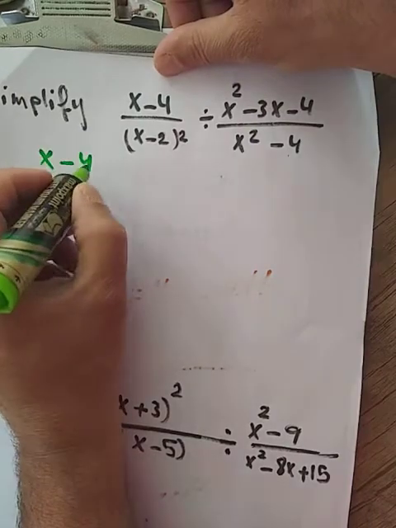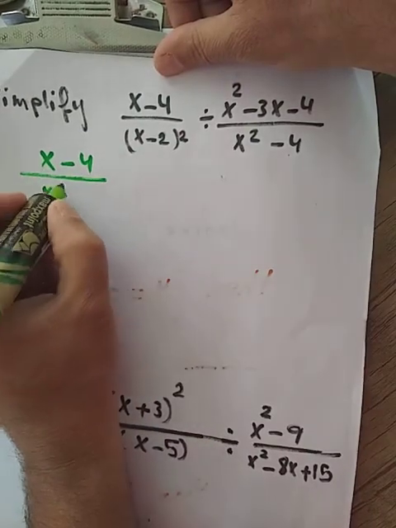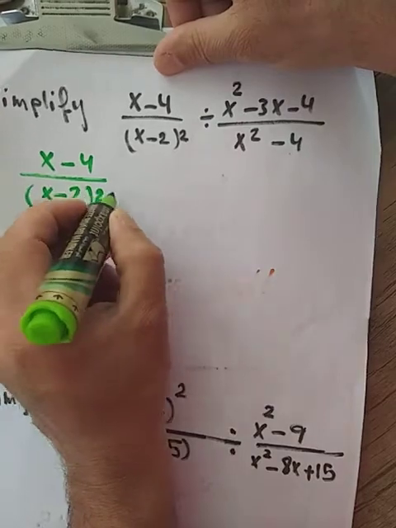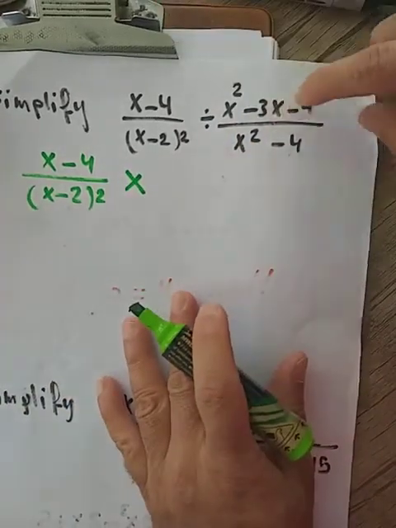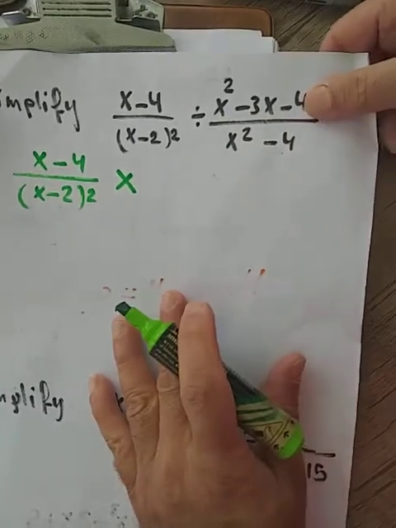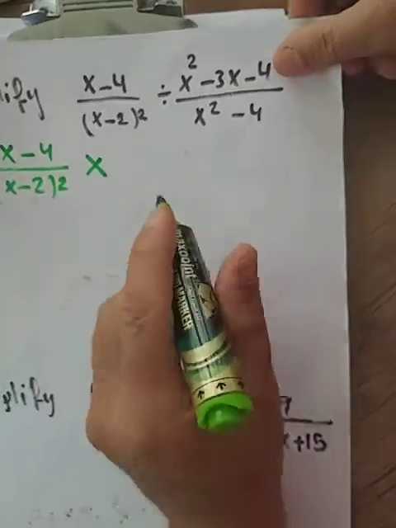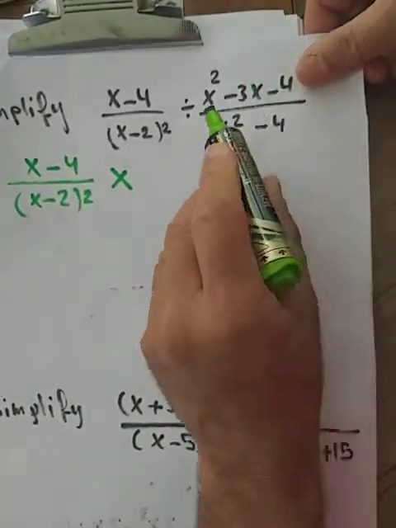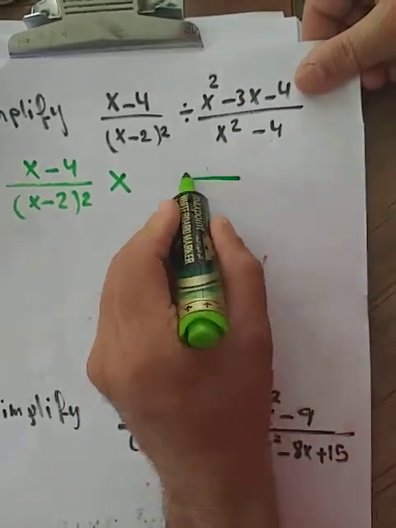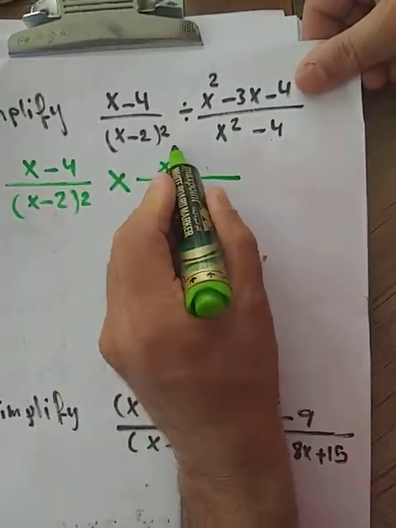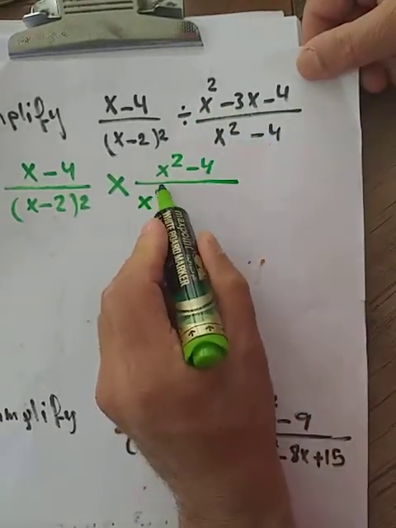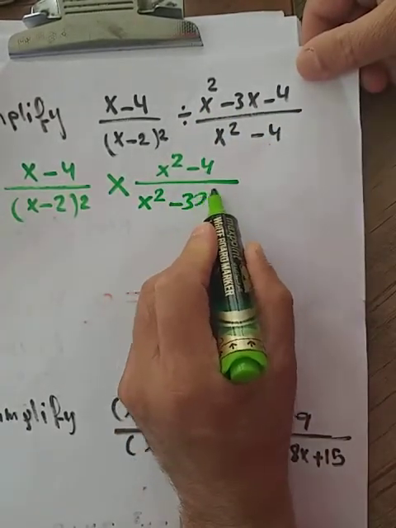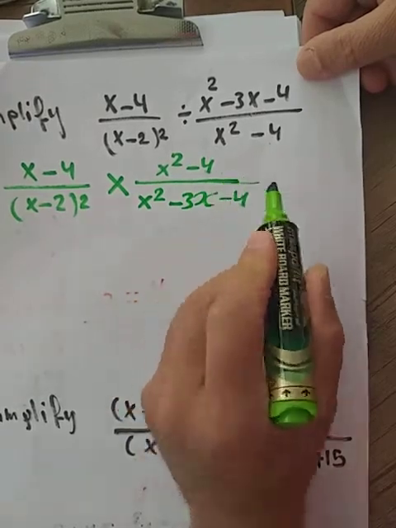X minus 4 over x minus 2 all squared, division to multiplication, and take the reciprocal of the second fraction. X squared minus 4 over this one. Okay.